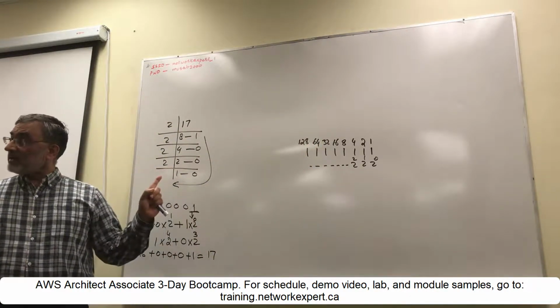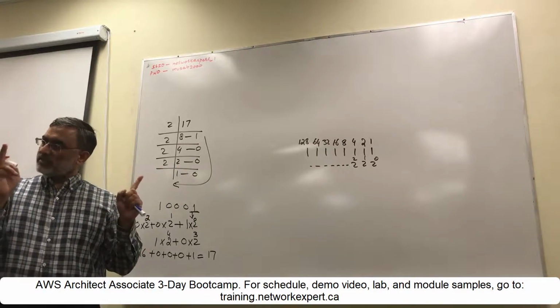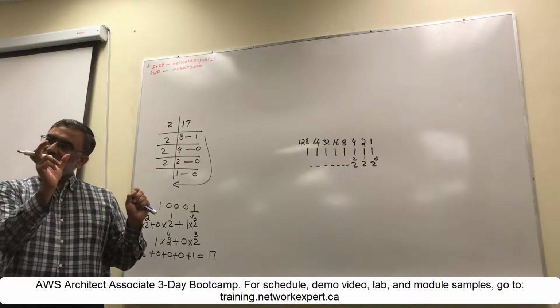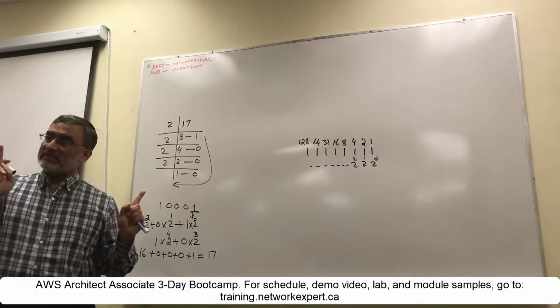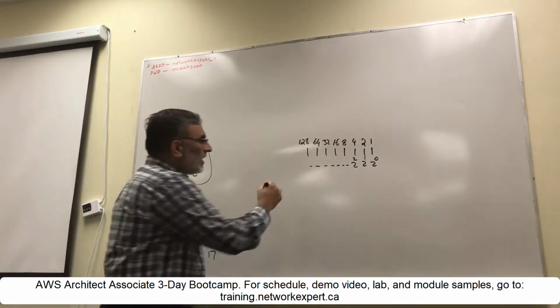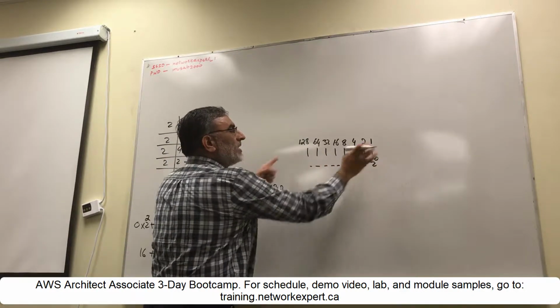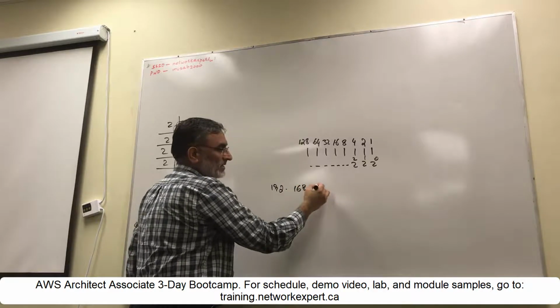Okay, so whenever we are going to change our IP address, which is a stream of 32 bits, we are going to change it into 4 octets. Octet means 8 bits, right? So if I say 192, that means I'm going to change it into 8 bits. If I say 168, that will be 8 bits, okay?